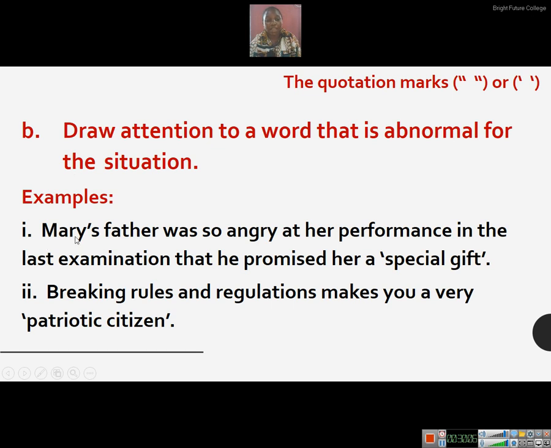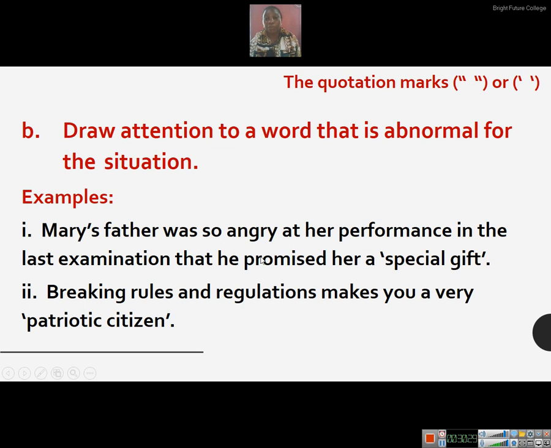For example, Mary's father was so angry at her performance in the last examination that he promised her a "special gift." Now, when someone who is angry promises to give you a special gift, that is very suspicious. That is very abnormal.